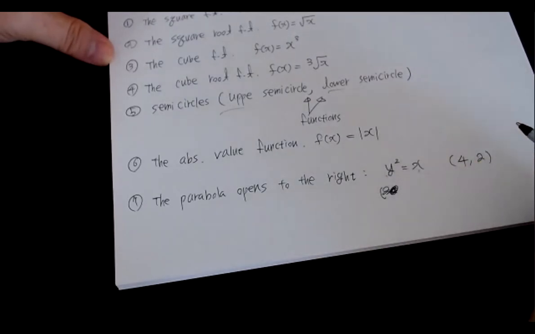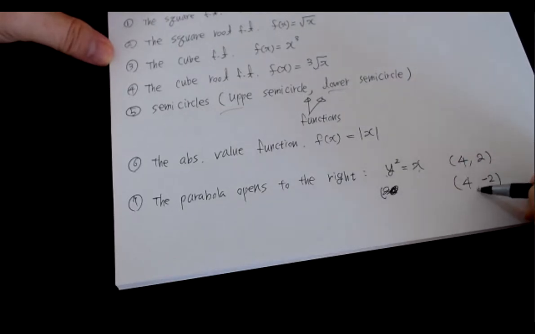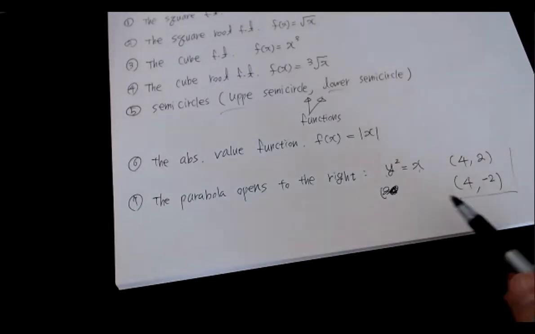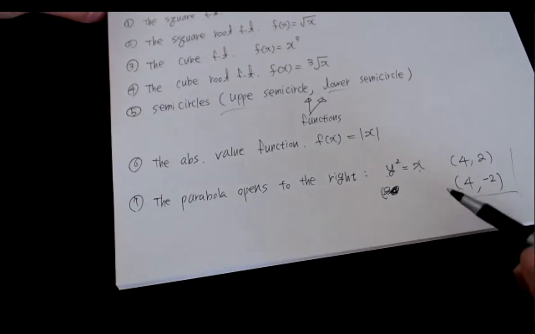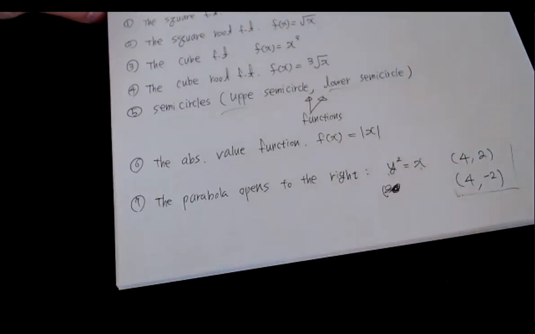But also, when y equals -2, we get 4 as the x value. So we have two ordered pairs with the same first coordinate and different second coordinates. That's a violation of the definition of a function, so this is not a function. That's why you use the letter y instead of the function notation f of x.